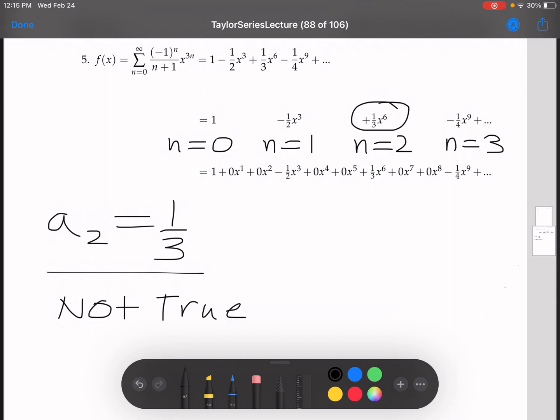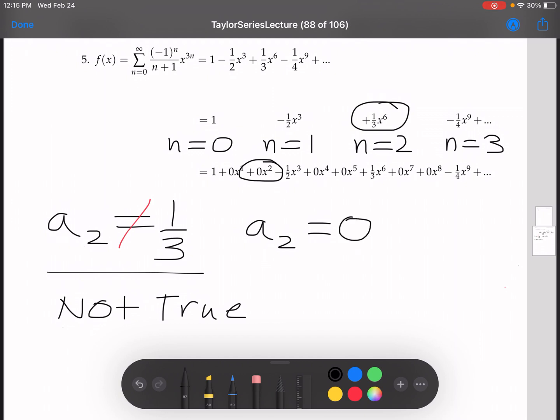Remember, a2 goes with x to the 2. And you can see that right here. So what goes with x to the 2? a2 is the number that goes with x to the 2.